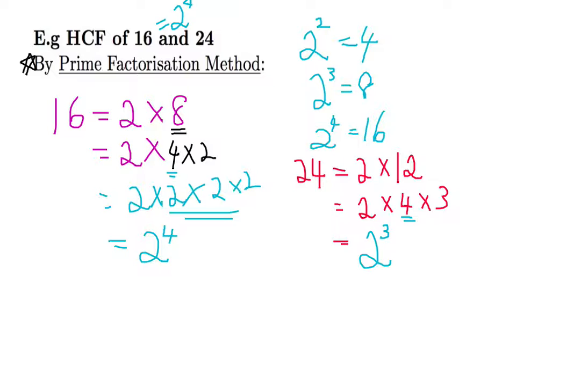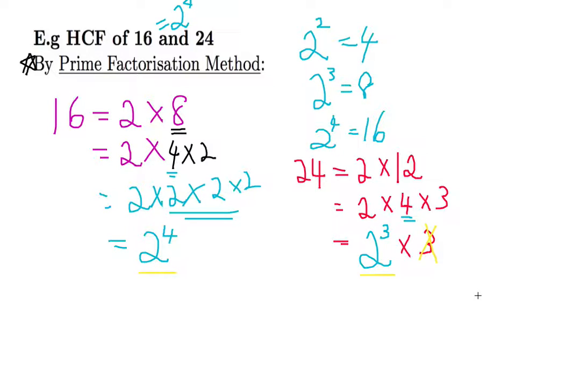I just shortened our whole process here, and then times 3. So the question here is that we are looking for the highest common factor between these two numbers. So what is the highest common factor? Let's look for the common factors first. So common factors are 2, 2, right? 3, nope, right?